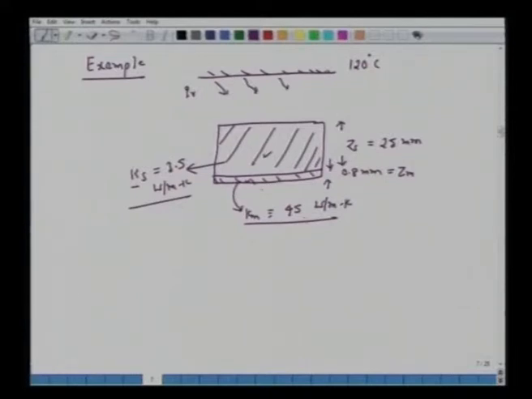Let's say this dimension is also given to us. This is 0.7 meter, and this rectangular slab is also 0.7. So essentially you have 0.7 by 0.7, and of course this is 25 millimeter, so 0.025 here. Let's say the distance between the two is 100 millimeter.